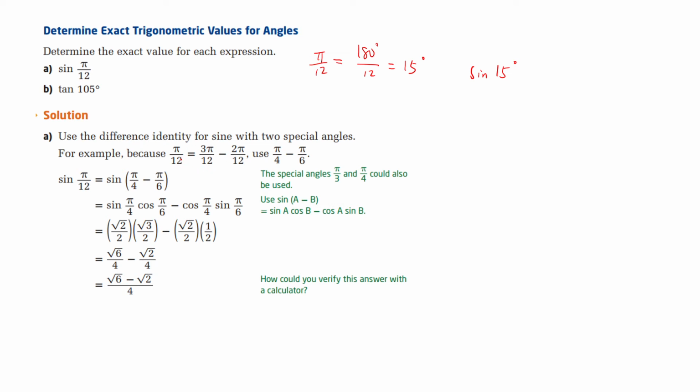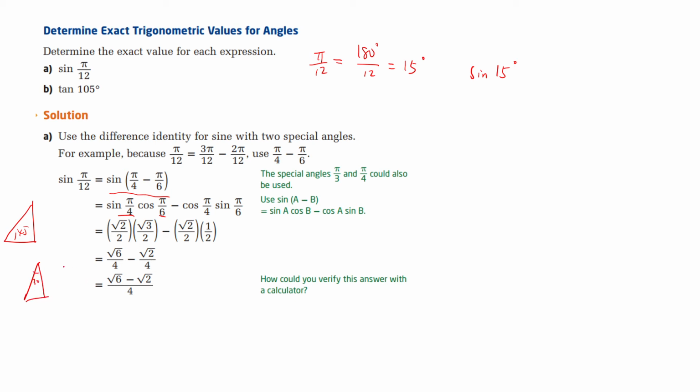Because pi over 12 is equal to pi over 4 minus pi over 6, we can use the difference identity, sine cosine minus cosine sine. The reason why we use pi over 4 and pi over 6 is that they are special angles, a 45-degree angle and a 30-degree angle.